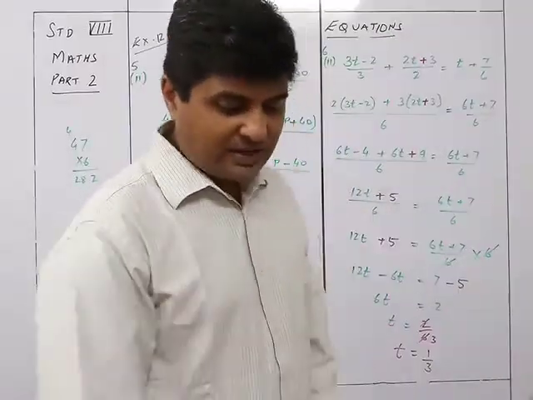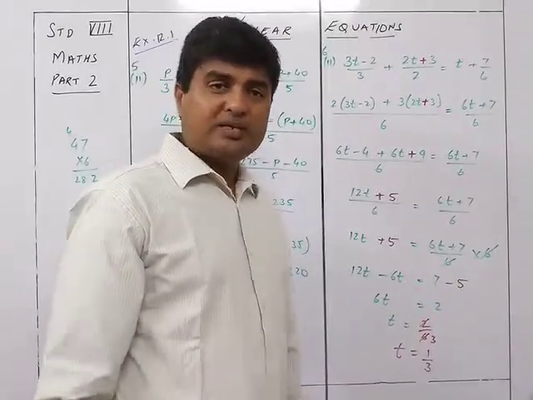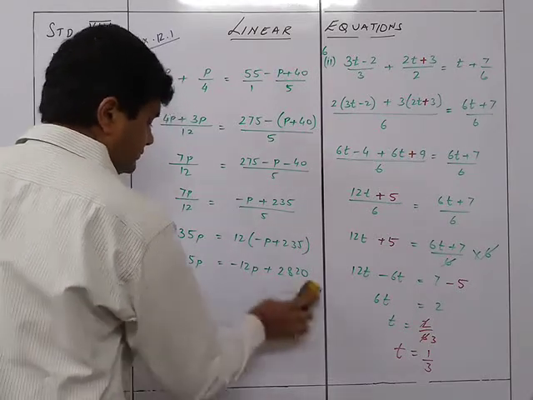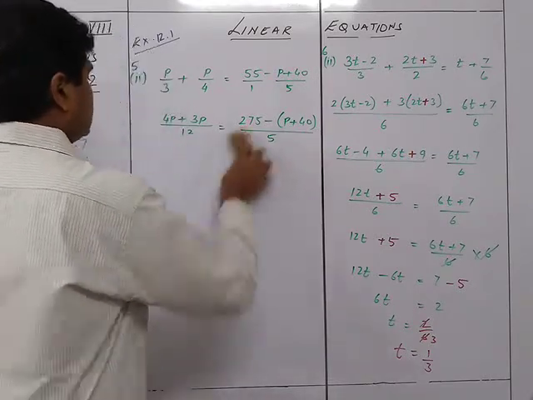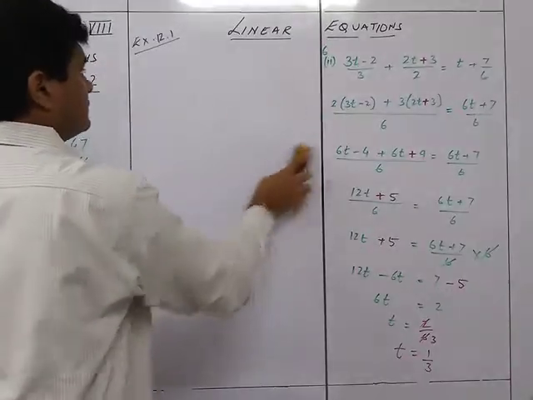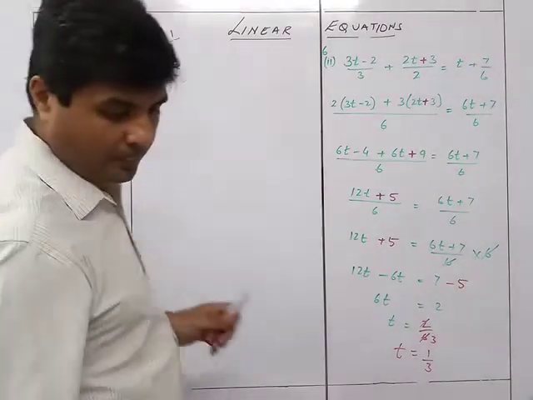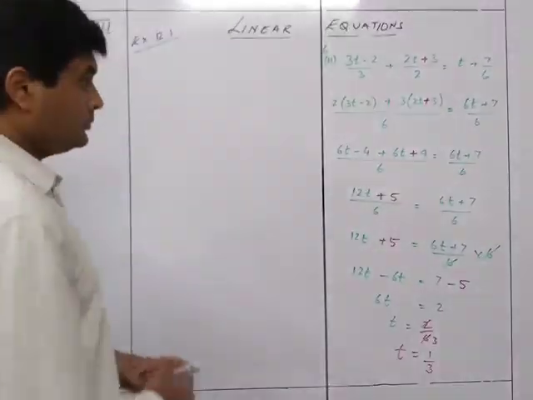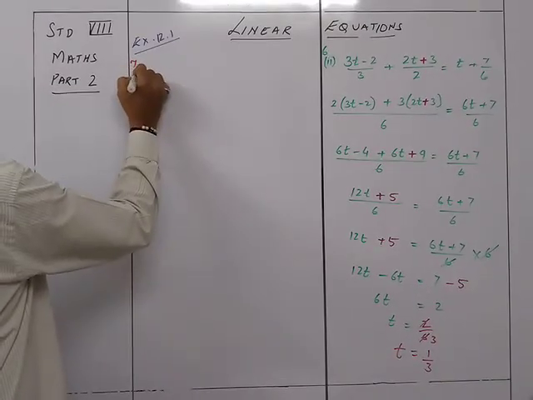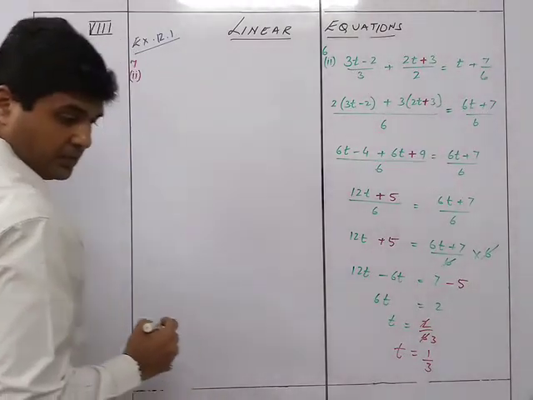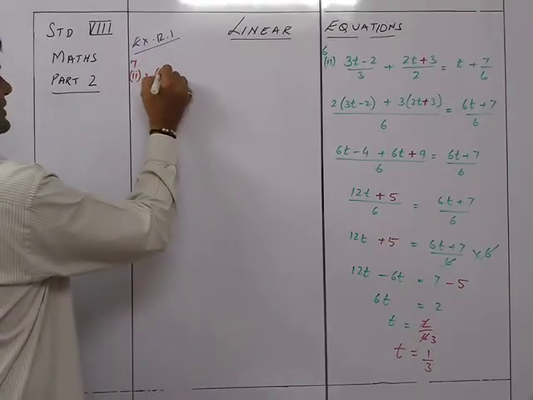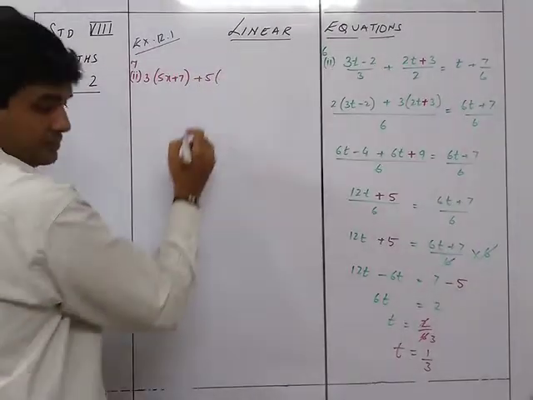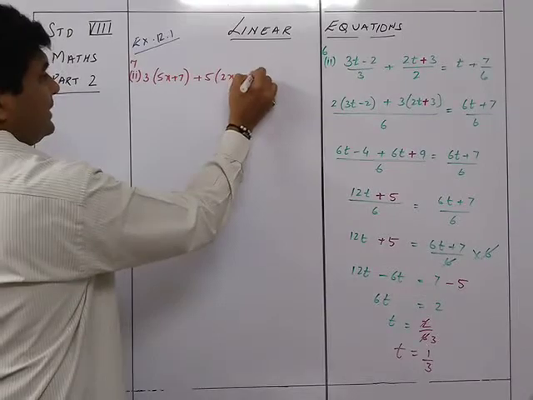Okay, so that was sum number 6. We now move on to sum number 7, the second sum. That is 3(5x plus 7) plus 5(2x minus 11) is equals to 3(8x minus 5) minus 15.